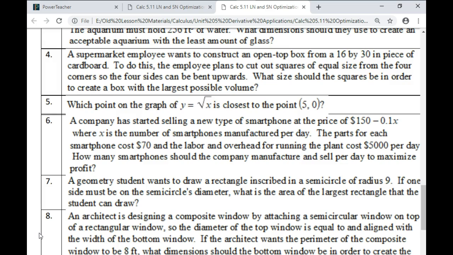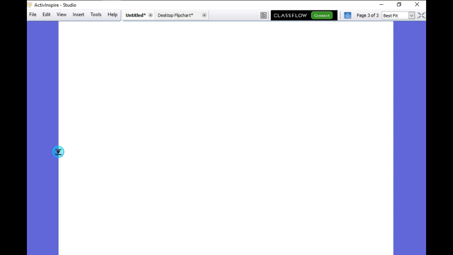So I'm going to give you guys a few pushes in the right direction, then I'll give you a sec to see if you can come up with the primary equation, okay? So first of all, we know that we're dealing with a giant sheet of cardboard that is 16 by 30. We also know that they're cutting out squares out of the corners.